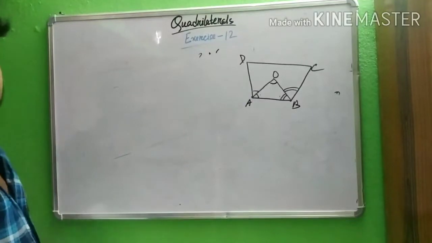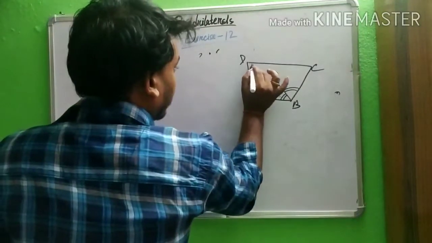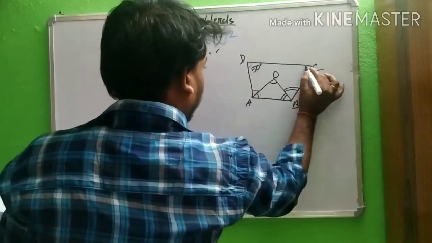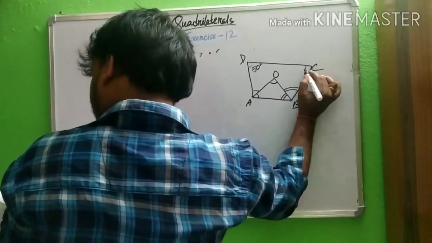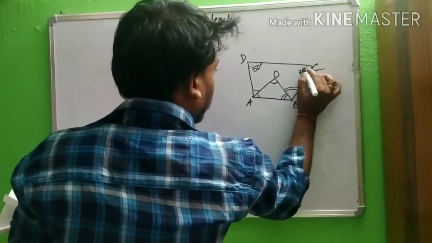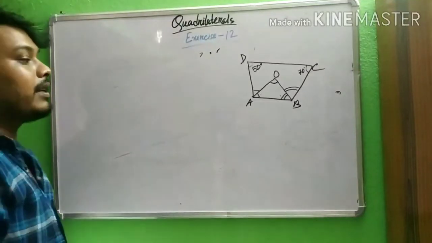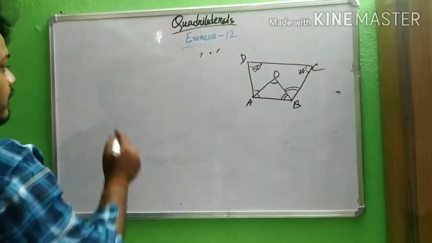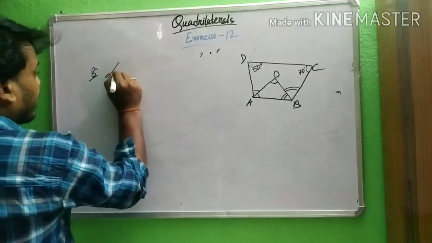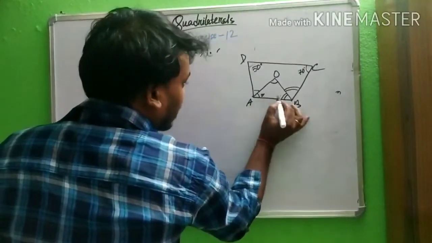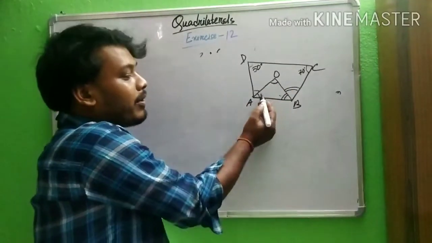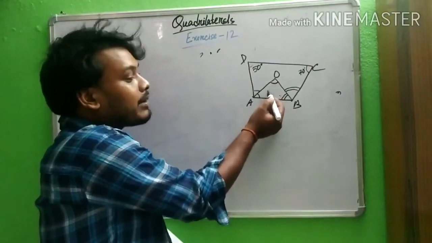The value of D is given as 50 degrees and the value of C is 70 degrees. If it is possible to find this value and this value, then it is very easy to find the angle AOB, because we will use the angle sum property of a triangle.